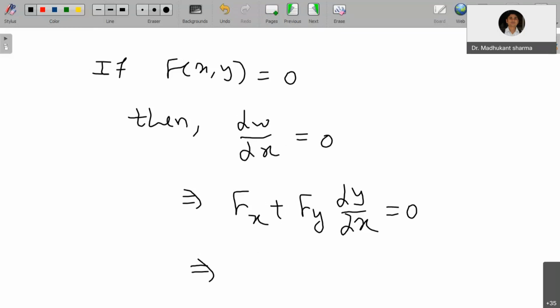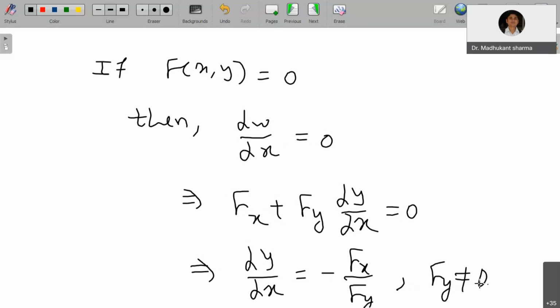So this implies dy by dx equals minus fx divided by fy, provided fy should not be 0. Otherwise, this is not valid. This will not give you anything. So this is the application of, you can say, chain rule here to do implicit differentiation.